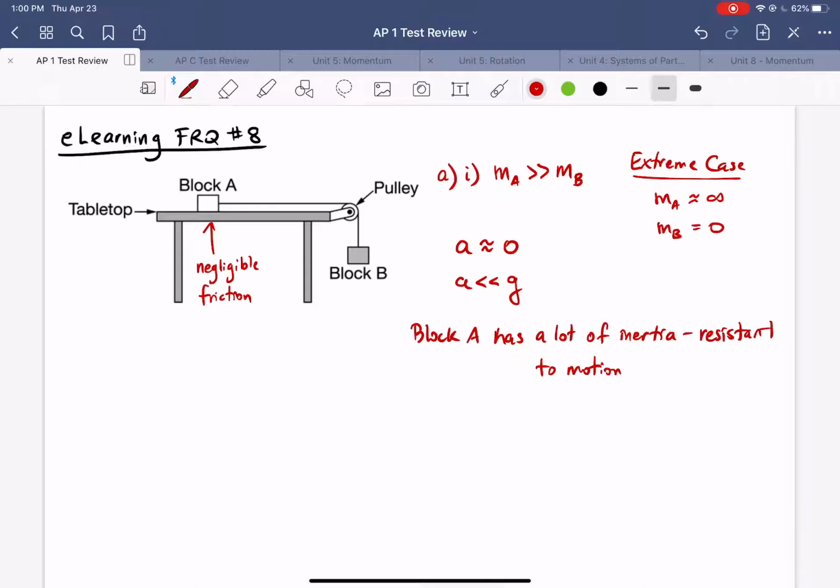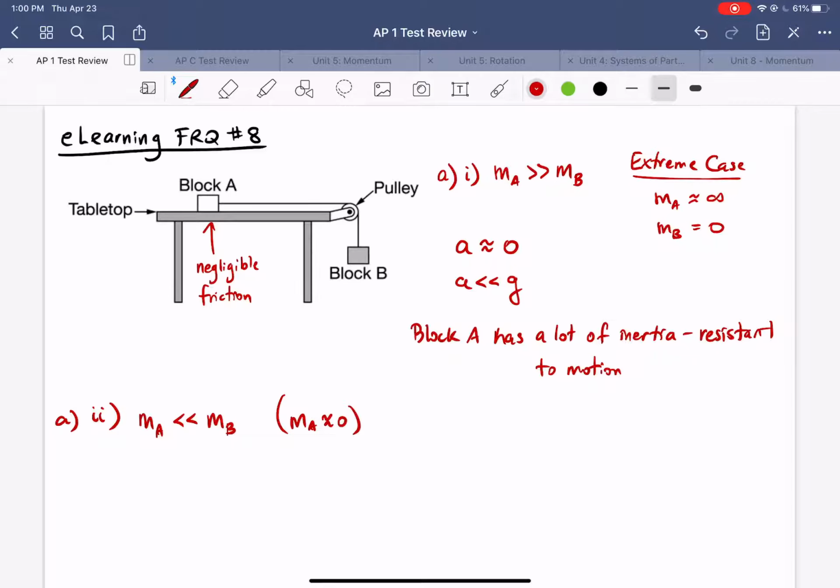All right, so part 2 asks us to consider the other extreme, where the mass of block A is much, much less than the mass of block B. So again, here our extreme cases we could think about would be maybe like an infinite mass for block B, or maybe what's easier to think about is 0 mass for block A. So ask yourself, what would happen if A had 0 mass?